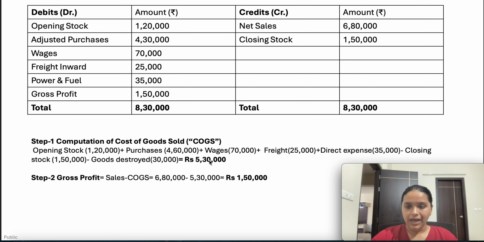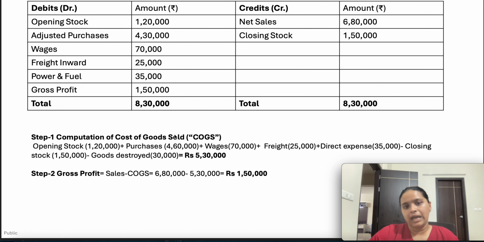Otherwise we can apply the formulas. First of all, we need to calculate COGS. So it is 5,30,000, because we add the opening stock, purchases, wages, freight and other direct expenses, and deduct the closing stock. So 5,30,000 will be our COGS, and what is the sale value? 6,80,000. It means the rest is 1,50,000.